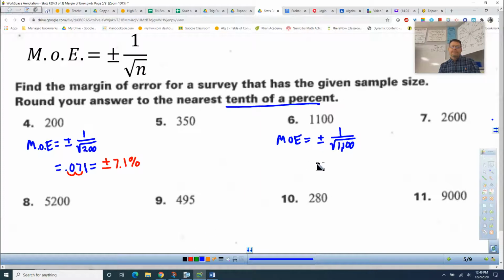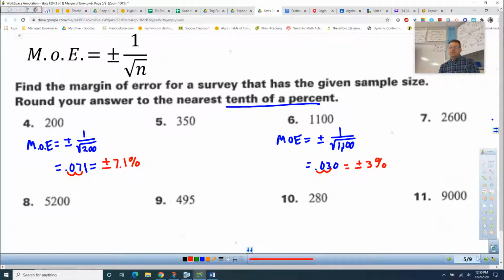Okay, so that equals 0.030, and when I change that over to a percent, it's going to equal plus or minus 3%. Okay, so that's the idea. The higher the sample size, the lower the margin of error.